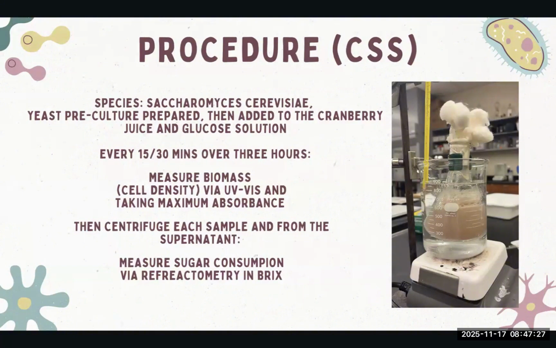We measured how much yeast we had by UV-vis, taking the absorbance and using that for concentration of yeast. And for the concentration of sugar that's left, we used refractometry with Brix in order to determine the overall concentration. And now over to the ITESO team.